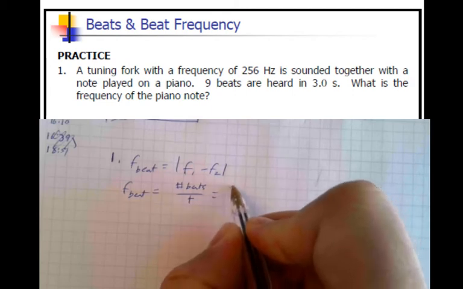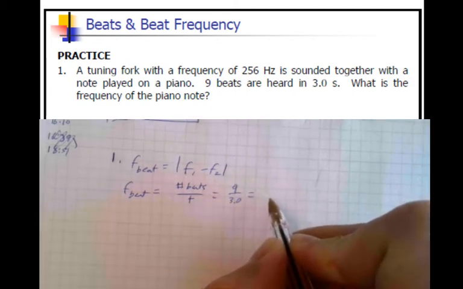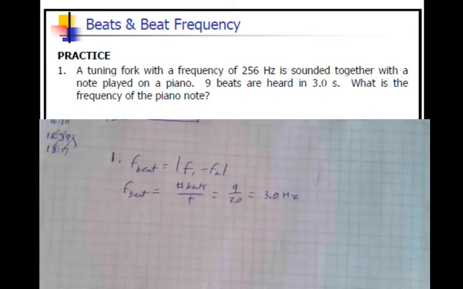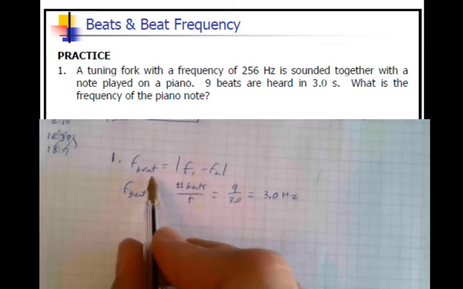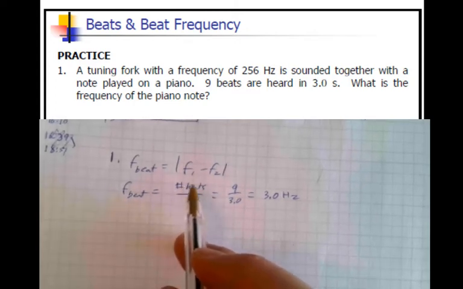We have 9 beats in 3 seconds. 9 divided by 3 is 3 hertz. That's our beat frequency. So let's substitute that in and see what happens.